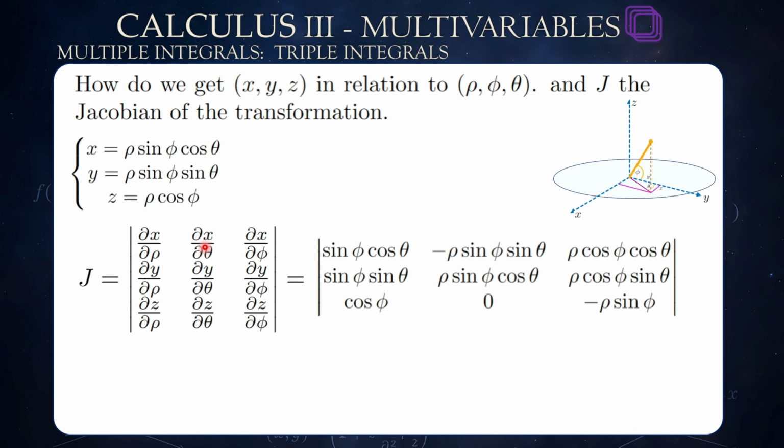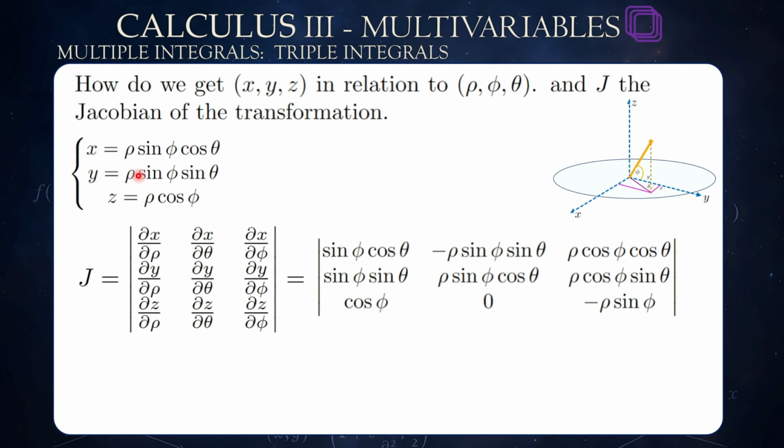So you replace: the partial derivative of x in respect of rho is sine phi cosine theta, then in respect of theta, minus rho sine phi sine theta, in respect of phi, plus rho cosine phi cosine theta. The same thing for y.